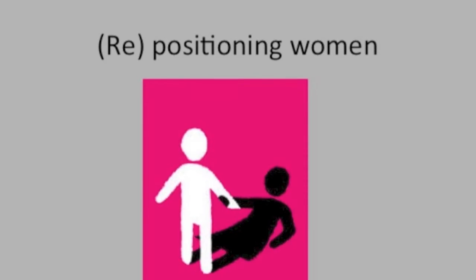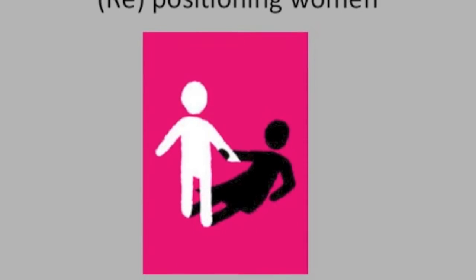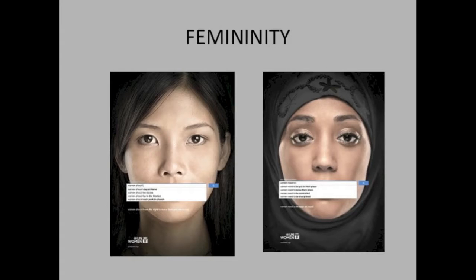We can also look at repositioning women and femininity. And no, we don't want to be seen as shadows of men. We don't want to be their shadows. We also don't want to be seen and not heard. This is from UN Women, a campaign that UN Women is doing. We certainly don't want to be seen like this.